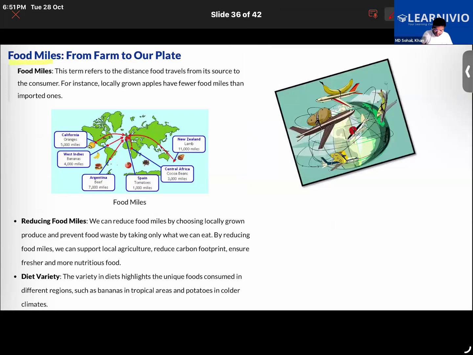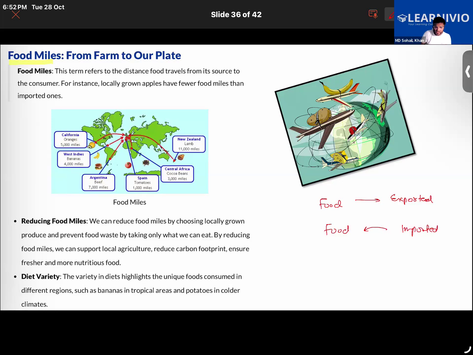Basically, the food that is being produced, suppose here in India, is not all consumed by the Indian people only. Some of the food items we export to other countries also. So food is exported, and food is imported also.